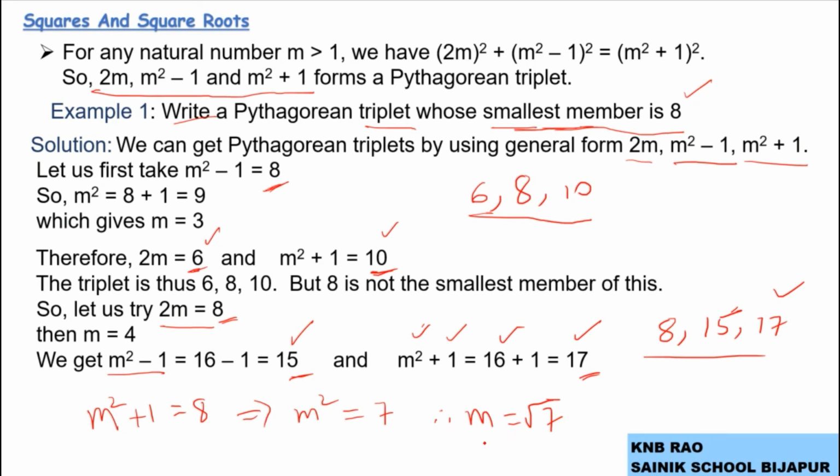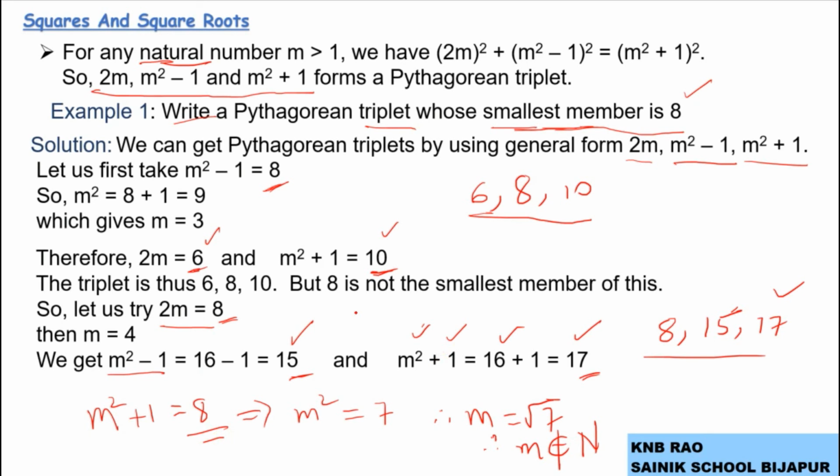So remember here, m should be a natural number. Since m does not belong to the natural number set, we cannot take m square plus 1 as 8. We avoid this situation for that reason. So this is how you have to reason it out.